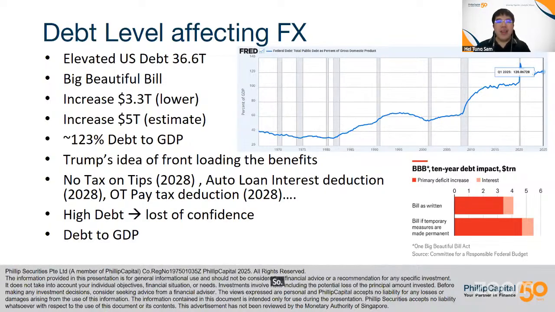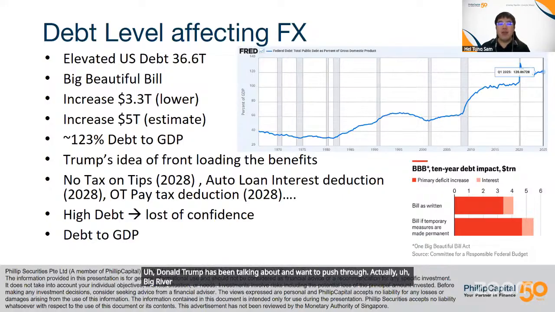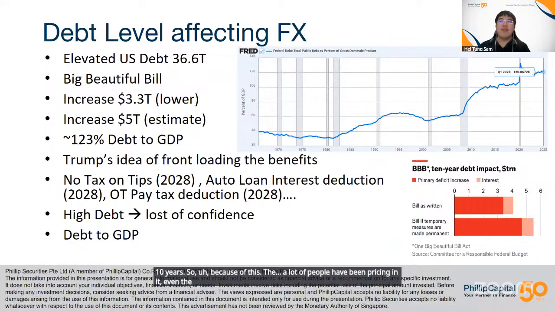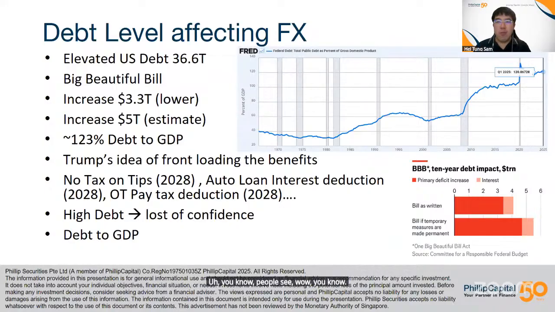Next is what we call the Big Beautiful Bill that Donald Trump has been talking about and wants to push through. Actually, the Big Beautiful Bill will increase the US debt by an estimated 3.3 trillion to 5 trillion in the next 10 years. Because of this, a lot of people have been pricing it in. Even the bond markets have been reacting, because people see, wow, the US has so much debt but is still increasing more debt.